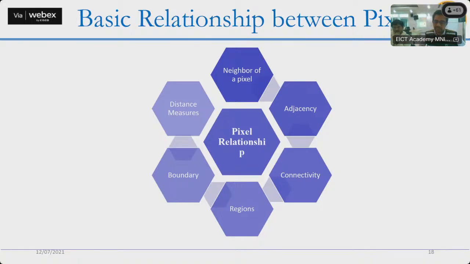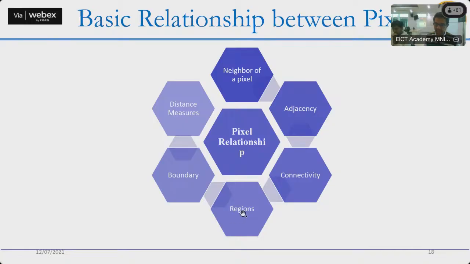Boundary. Boundaries become very critical when we recognize and differentiate images. This pixel relationship helps to demarcate the boundary. By locating these different boundaries, we are able to understand the overall object.